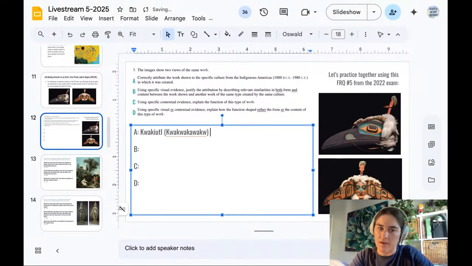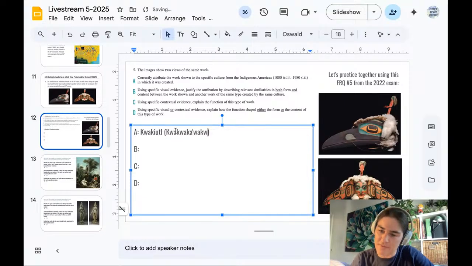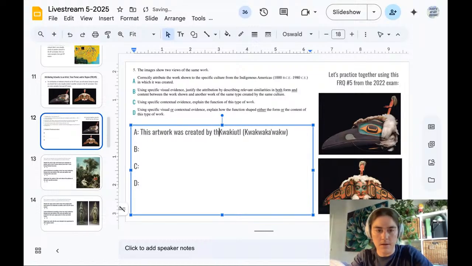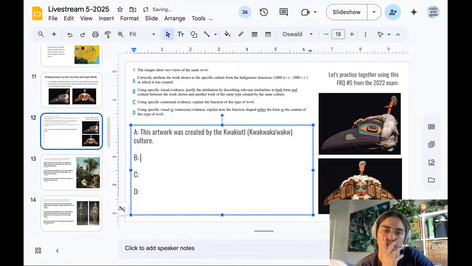I think that's how you spell it. Nope, I was missing the accent. Alrighty. So this artwork was created by the culture. All right. B. Using specific visual evidence justify the attribution by describing relevant similarities in both the form and content between the work shown and another work of the same type created by the same culture.